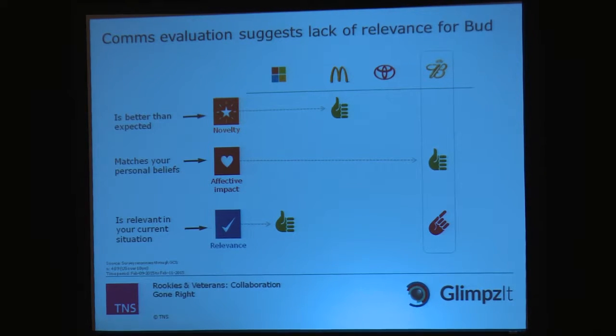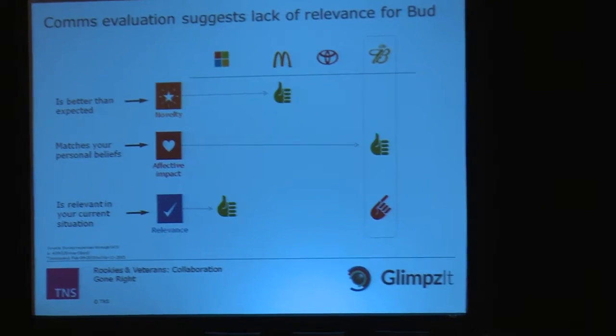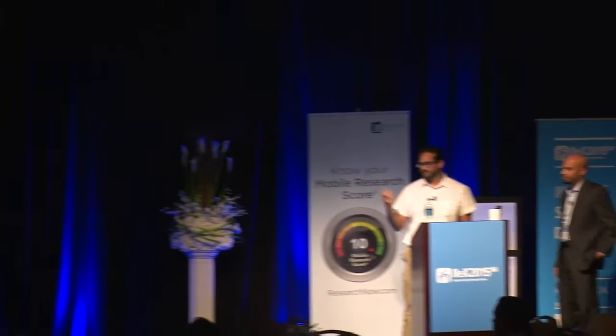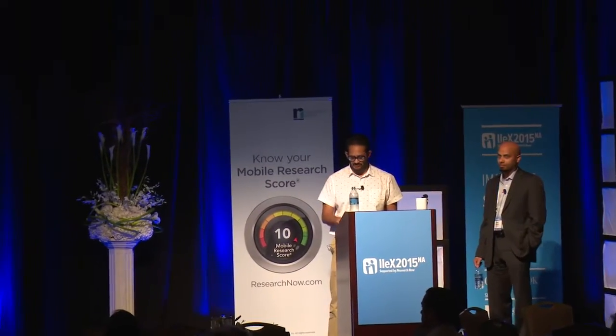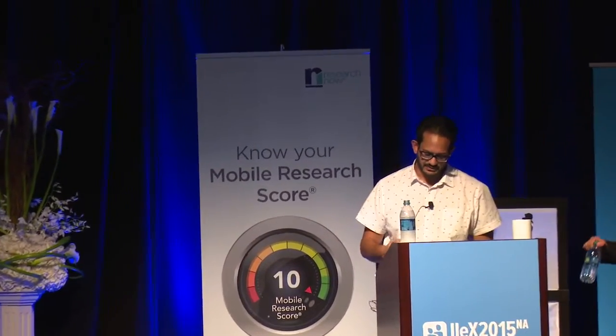We saw that the McDonald's ad scored really well on novelty. That was the one where you're paying with lovin'. But when we came to the Budweiser ad, it was doing pretty well at making people emotive. People were crying about this lost dog, but it wasn't really seen as relevant. So that's where we wanted to understand a bit more about what was relevant. And this is where I'll hand over to Sami.